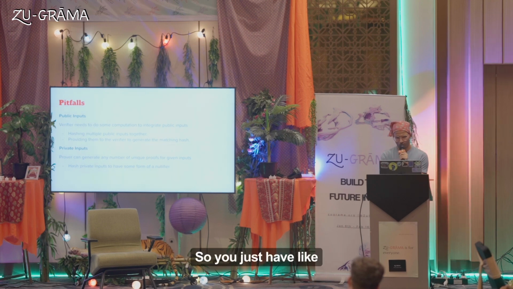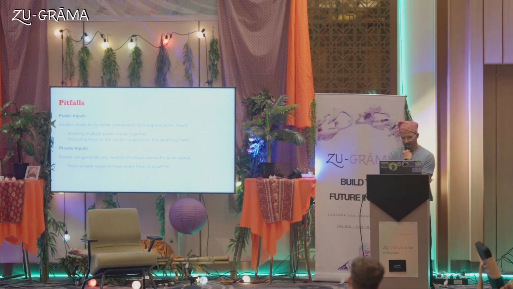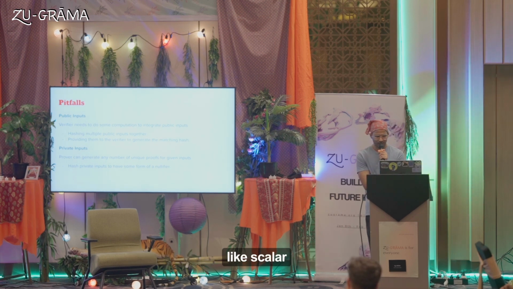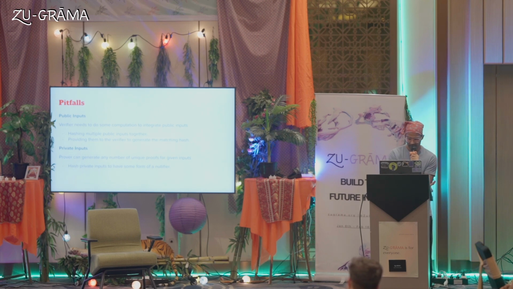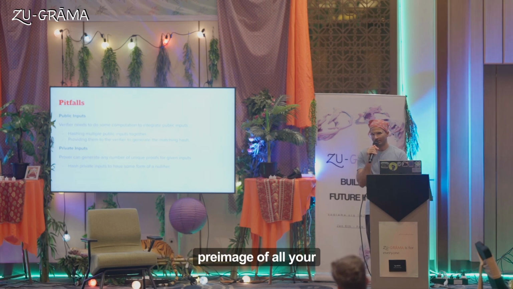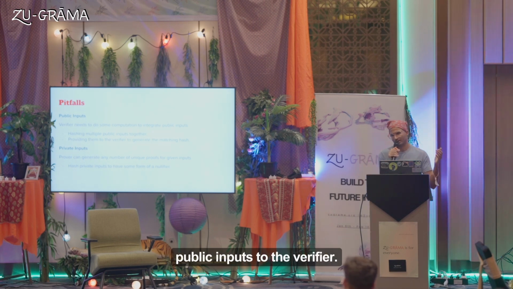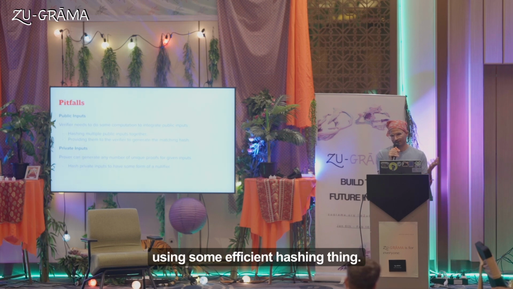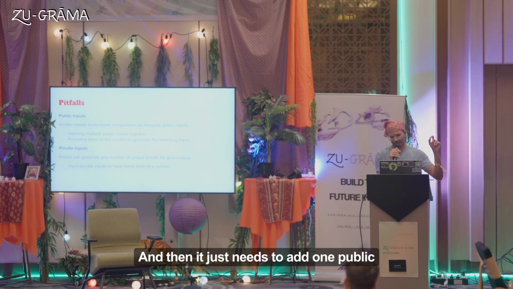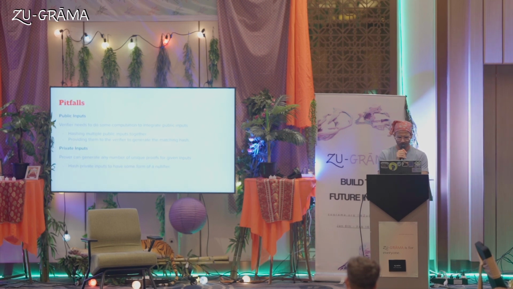So you just have one single public input, and that reduces the number of scalar multiplications and stuff that you need to do. You can provide the whole pre-image of all your public inputs to the verifier. The verifier can hash them together, probably using some efficient hashing function, and then it just needs to add one public input to your verification.